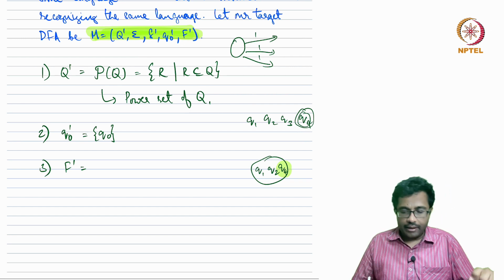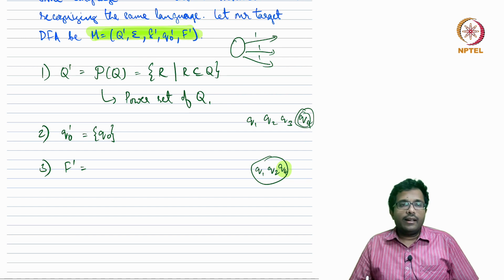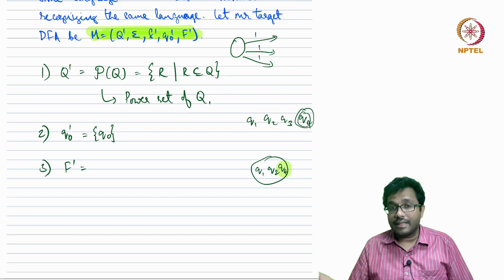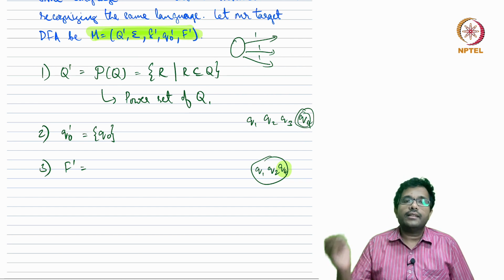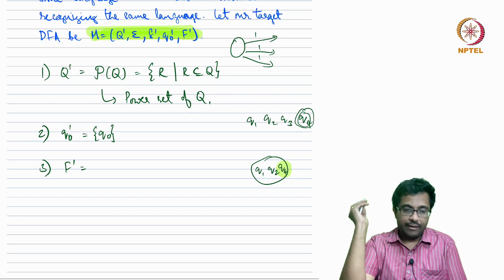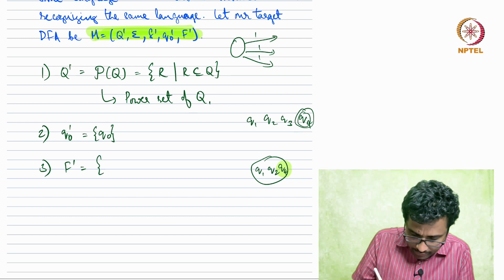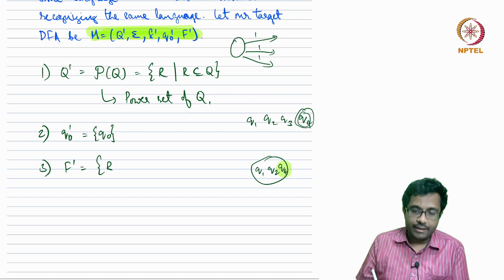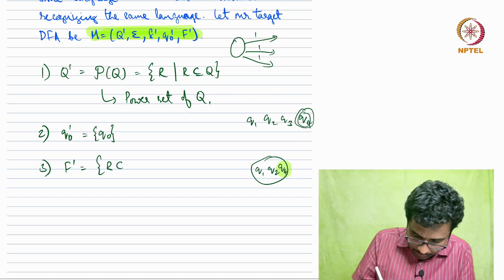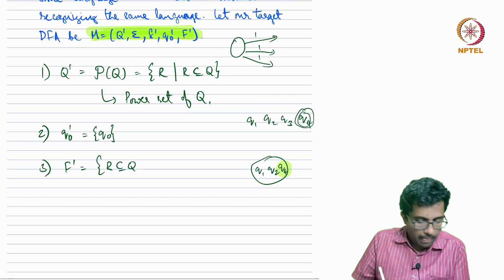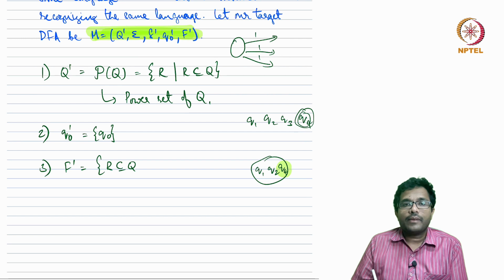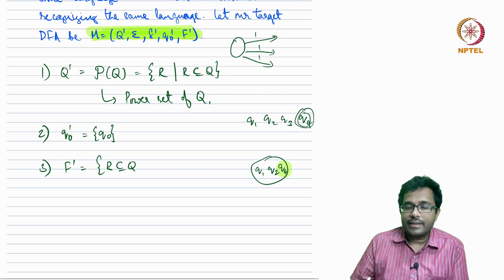Right. So what I want to say here is that F prime is a collection of states of the DFA, but each state of the DFA is a subset of the states of the NFA. So let us consider one state. Let's say R is a state of the DFA, or a subset of states of the NFA.